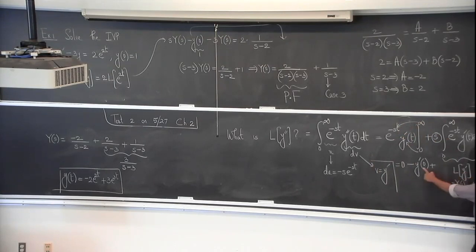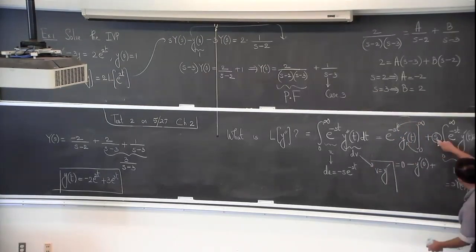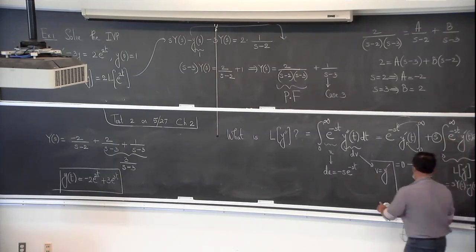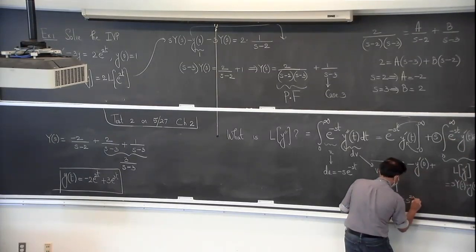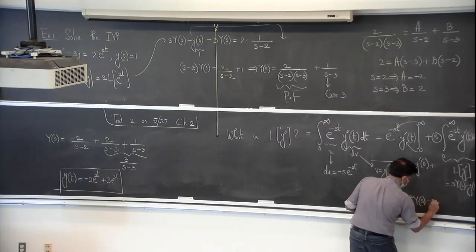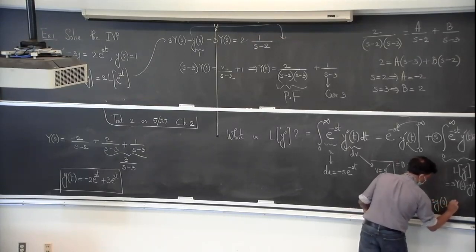Y of 0, y prime of 0. So Laplace has perfect spots to plug in those things and just get started right away. So we have s square y of s minus sy of 0, distributing to both terms: s square y of s minus sy of 0 minus y prime of 0.